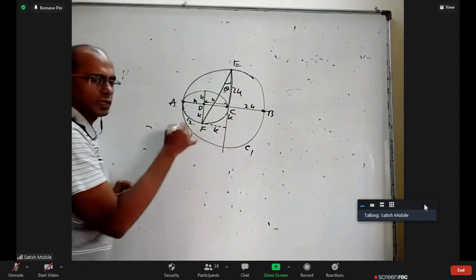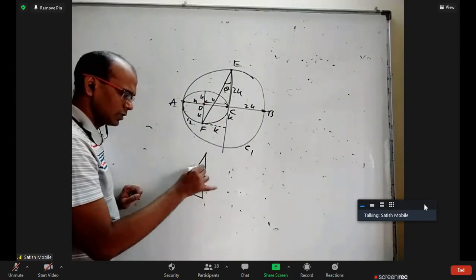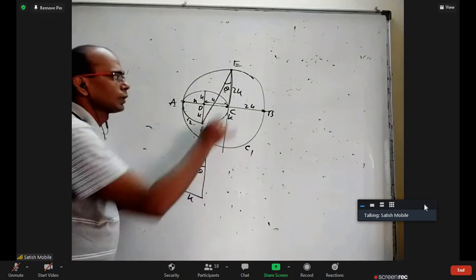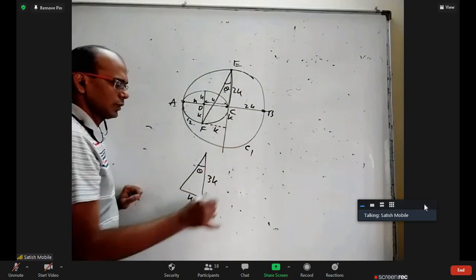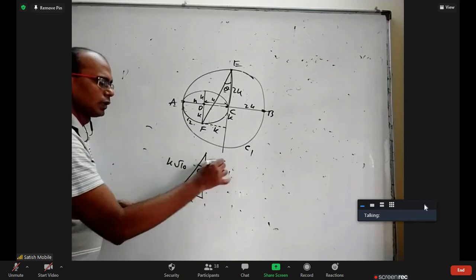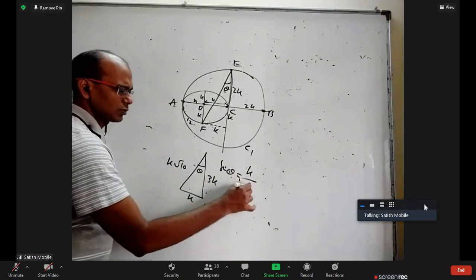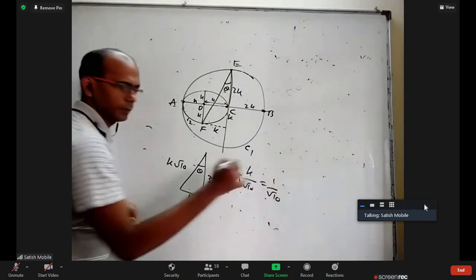If you look at this figure separately and draw that right angle triangle, this is theta, this is K, and this is 3K. The hypotenuse is the root of this plus this, which is K root 10. So sine theta is the opposite side K over the hypotenuse K root 10, which is 1 by root 10.